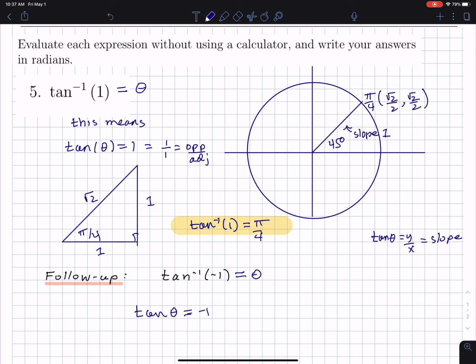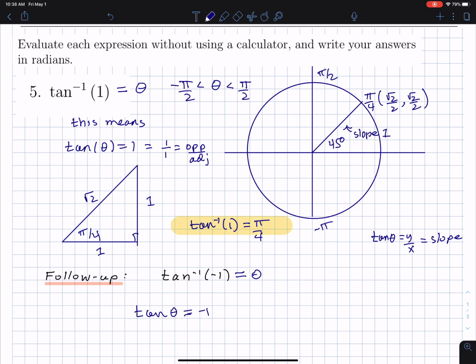Now, by the way, theta for tangent inverse is between negative pi over 2 and pi over 2. That's the output, the range of tangent inverse.